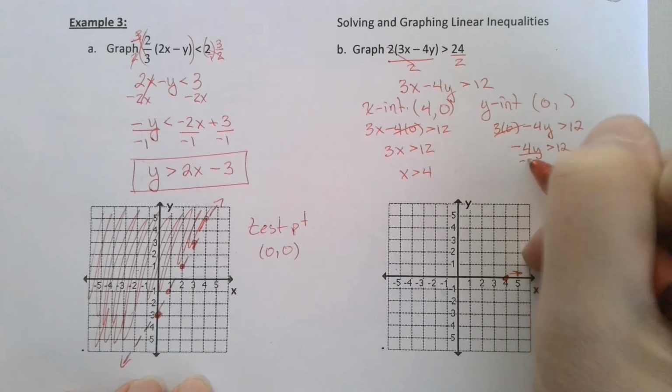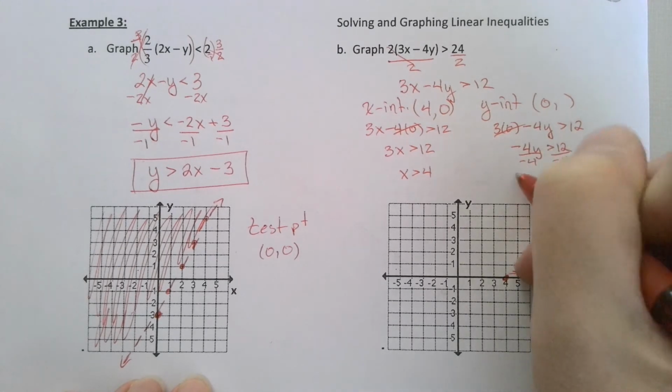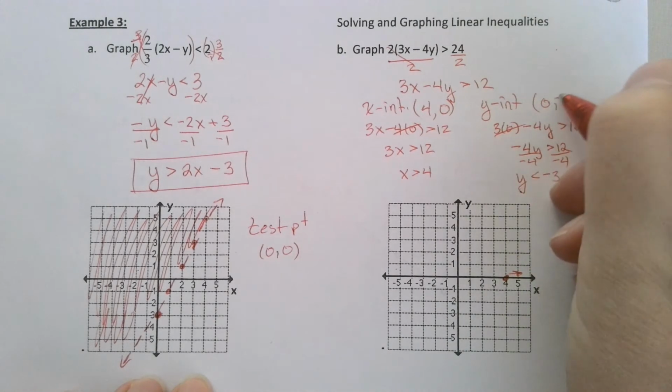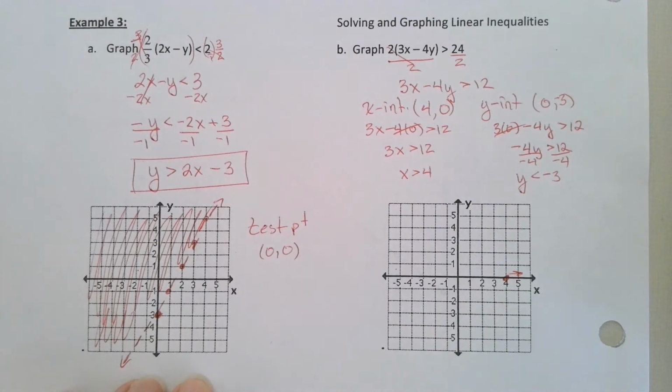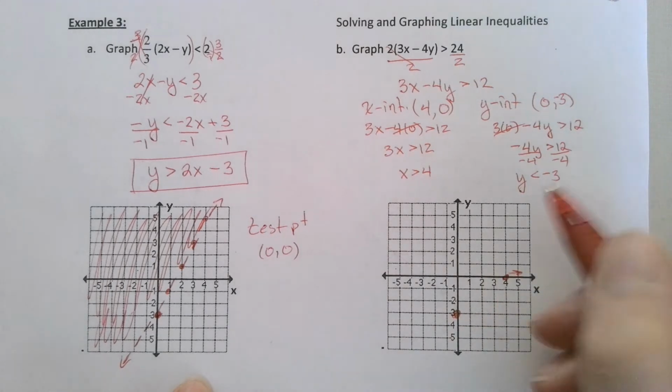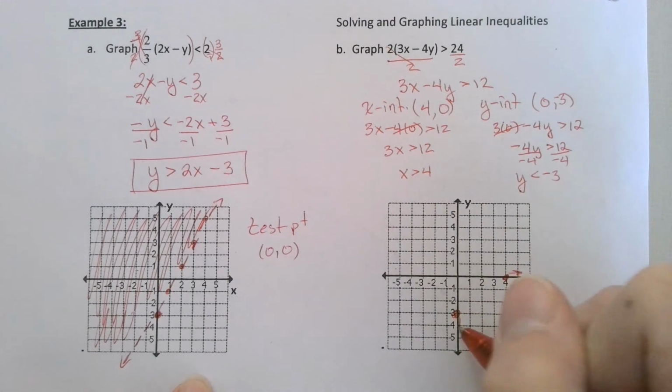So when I go to divide by a negative, I flip my sign, I get y is less than negative 3. And so I put that in there also. So here is my point at 0, negative 3. And y is less than would be shading going down.